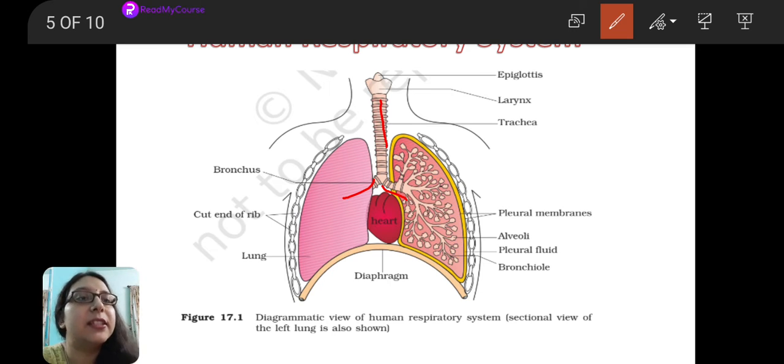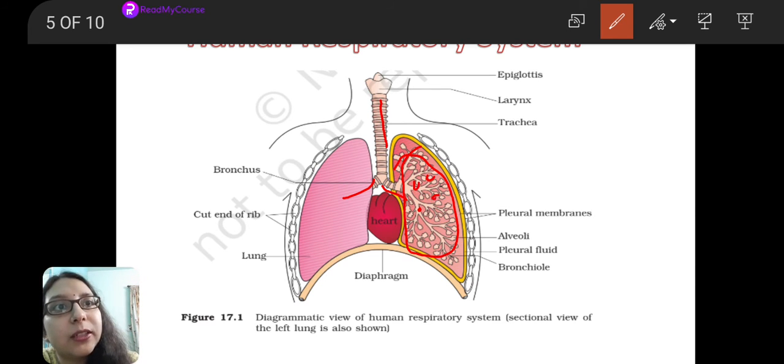Again, these bronchi further undergo very detailed branching inside the pleural cavities, inside the lungs, leading to the formation of bronchioles from the bronchus. Ultimately they lead to these small sac-like structures over here. These are the alveolar sacs or the alveolus, or alveoli in plural.